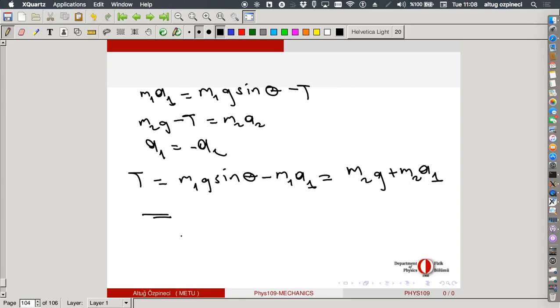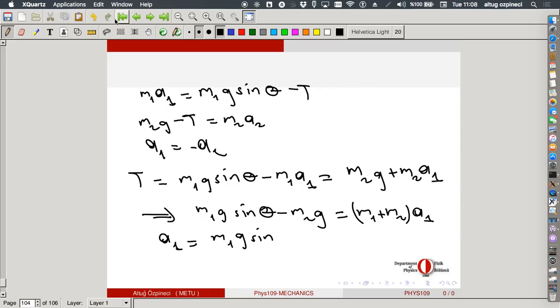So this just tells me that if I move m1 g sine theta minus m2 g, this should be equal to (m1 plus m2) a1. So we know a1.